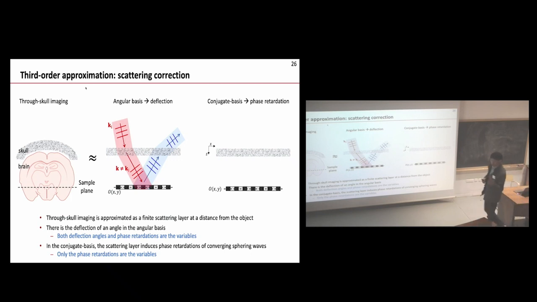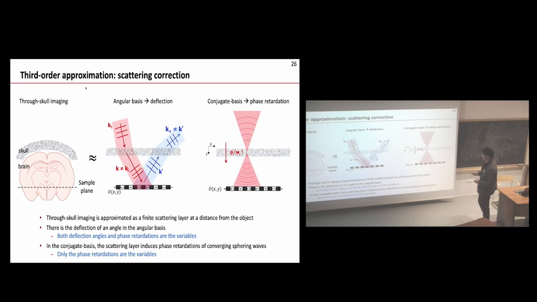So in physics, you need to be careful, and if you are smart enough to choose the right basis, then you can kind of diagonalize the problem, right? That also applies here. So instead of using plane wave as a basis, we consider the focusing wave on the skull as a basis, okay? Then the effect of the skull will give rise to the phase retardation of this focused wave, okay?